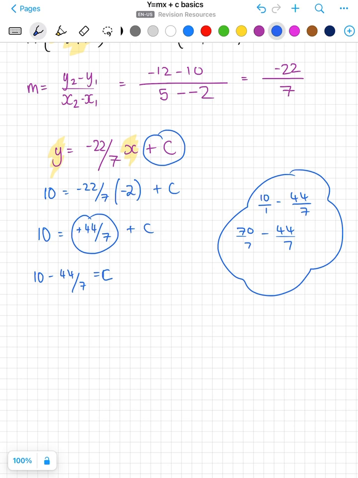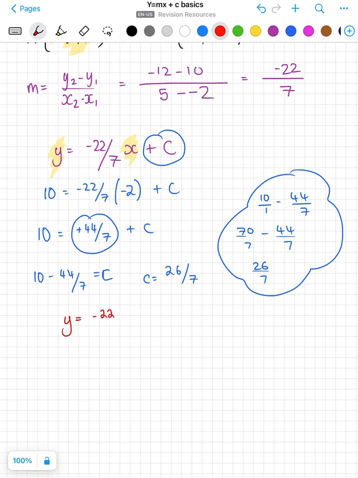So that leaves us with 70 minus 44. Now our denominators are the same, so that is 26 over 7. So c equals 26 over 7. So this example purely is showing you that you might not end up with nice whole numbers, but it can still be done.